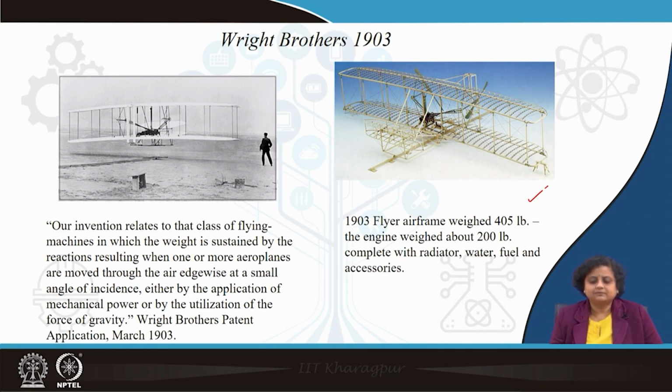You can see a similar wooden truss kind of structure, each member being a two-force member. The total weight of the airframe was around 405 pounds and the engine weighed around 200 pounds.